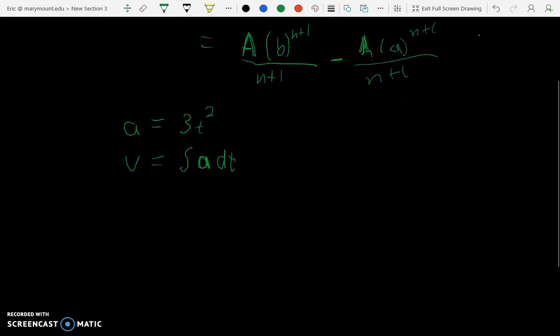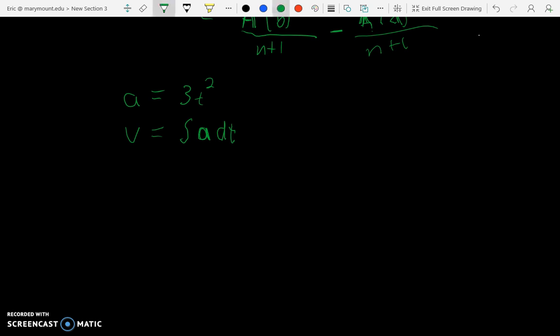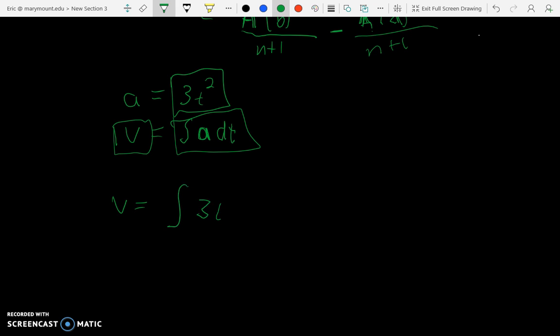So I have to integrate this acceleration equation to find what the velocity is, because the velocity is the integral of acceleration. So velocity is equal to the integral of 3t squared dt.